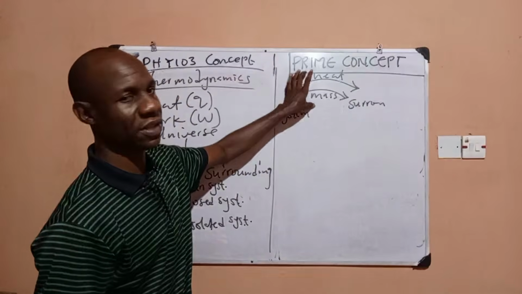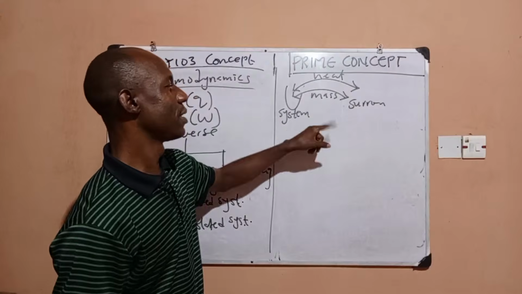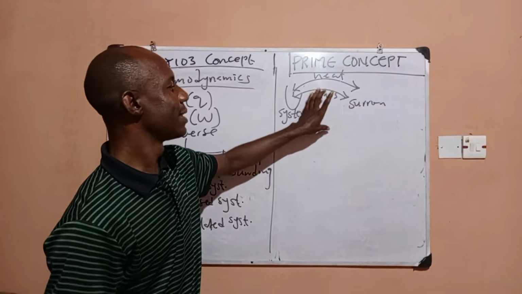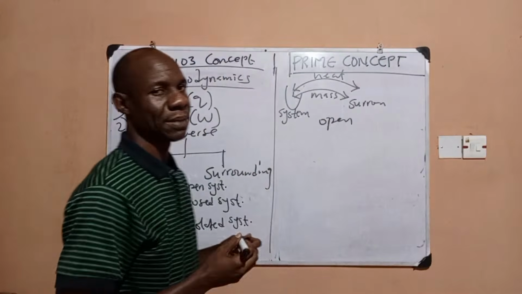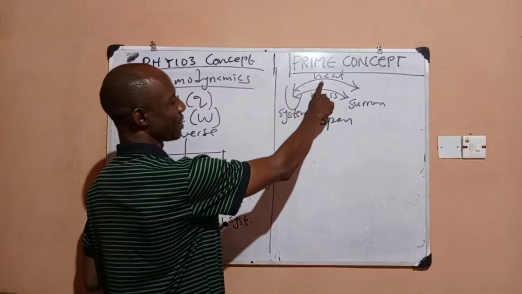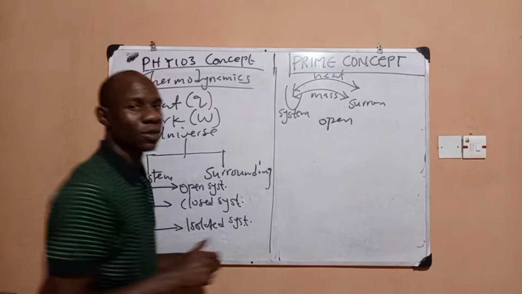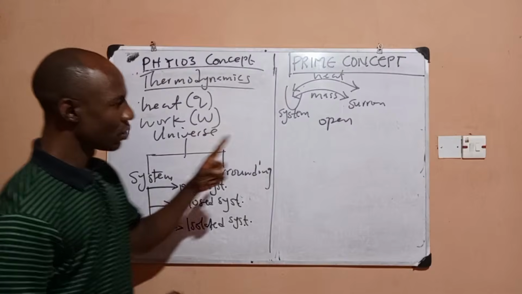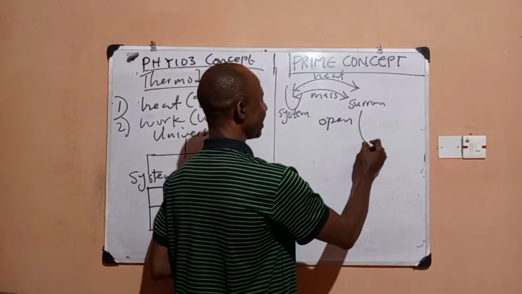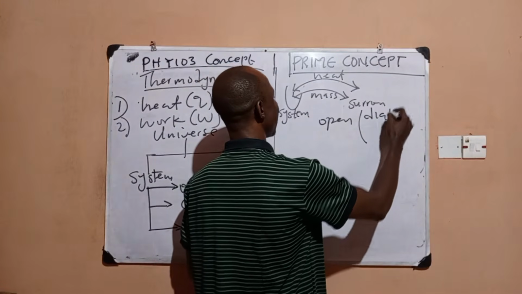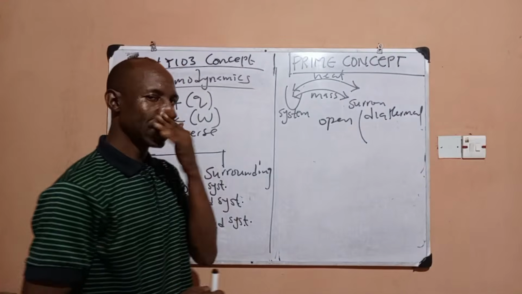If you have this kind of system that allows this two-way movement of heat, two-way movement of mass, this kind of system is what you call open system. So open system allows heat and mass to be exchanged between system and what? Surrounding. So in that case, an open system is said to be diathermal.